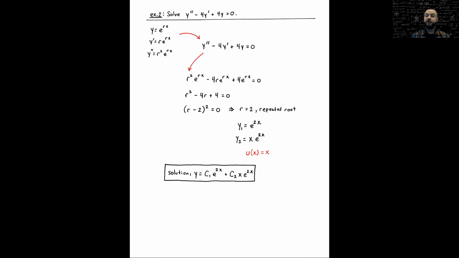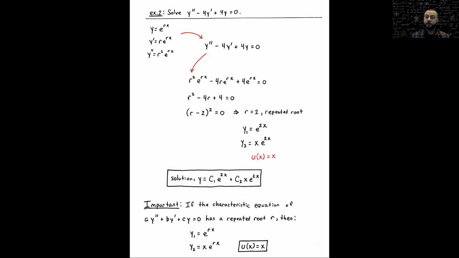Now I want to use this example to summarize what always happens when you have a repeated root. I'd like you to work it out once, as we did in example 2 here, and then we'll just summarize. If the characteristic equation has a repeated root r, then the first solution is y1 equals e to the rx, and the second solution, y2, is x times e to the rx.